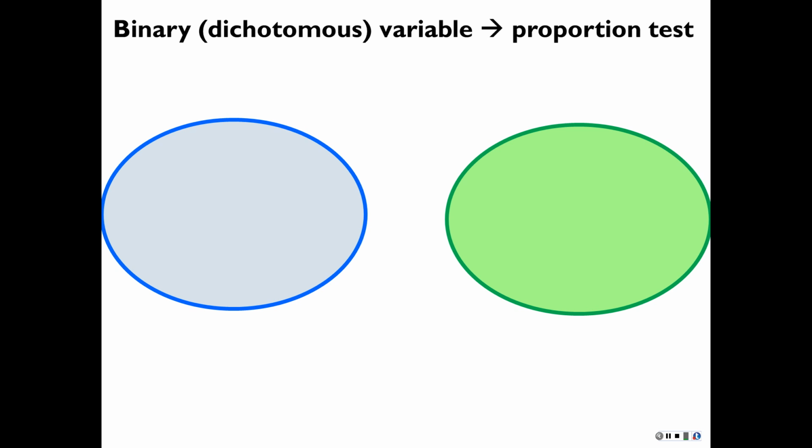Sometimes you say that there are just counts in each group, or you could also conceptualize this as binary or dichotomous data, meaning each person can only have one of two possible values. Anything that's just two possible values, that each individual can only have one of two possible outcomes.